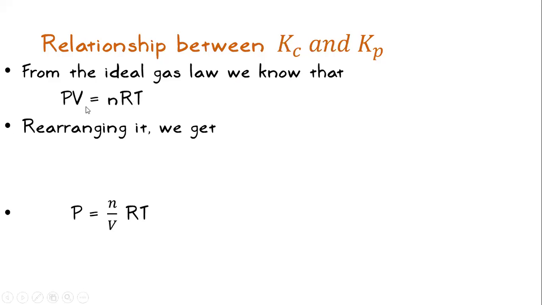So what we are doing here is trying to find a relationship between Kc, the equilibrium constant in terms of concentration, and the equilibrium constant in terms of pressure. So we see clearly here that N over V will give me concentration. So we divide both sides of the equation by V, which when we rearrange, we get P equals N over V RT.